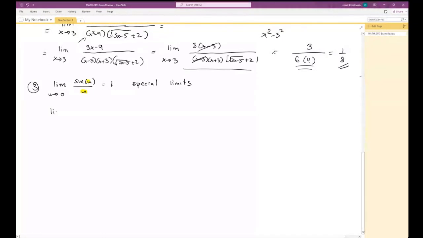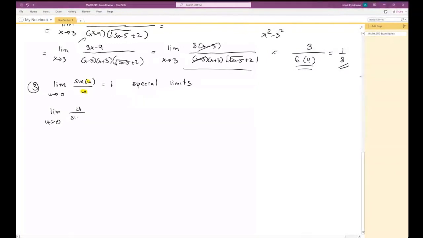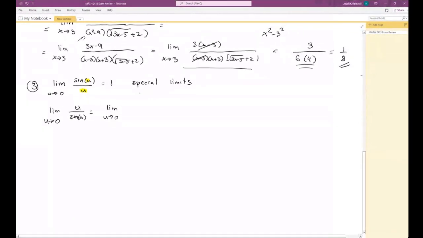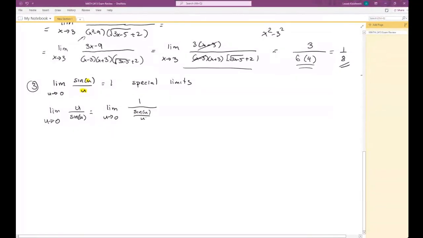Okay? Things to notice are that the limit of u over sine u, we know that that's also equal to 1 just by the limit rules, right? We can think of that as 1 over sine u over u. Reciprocal of reciprocal, right?